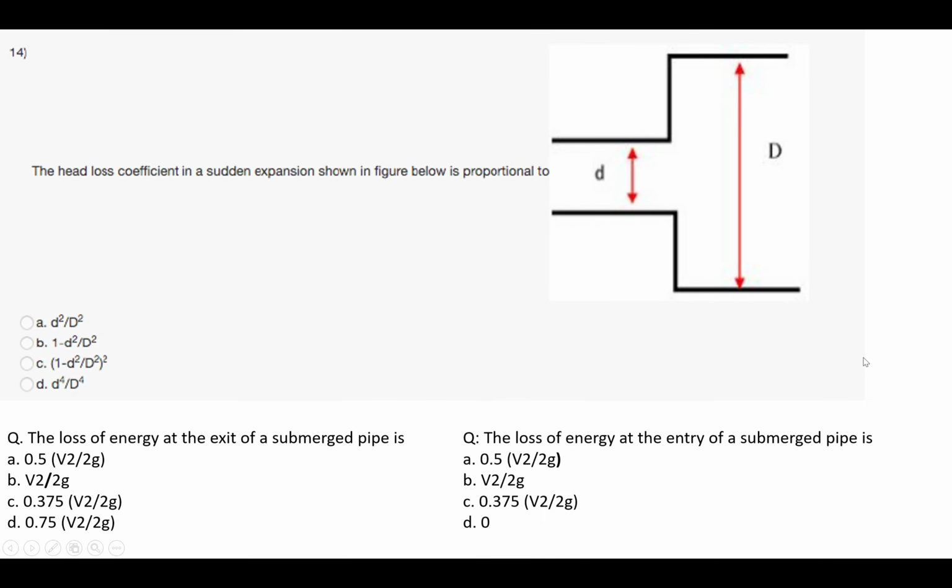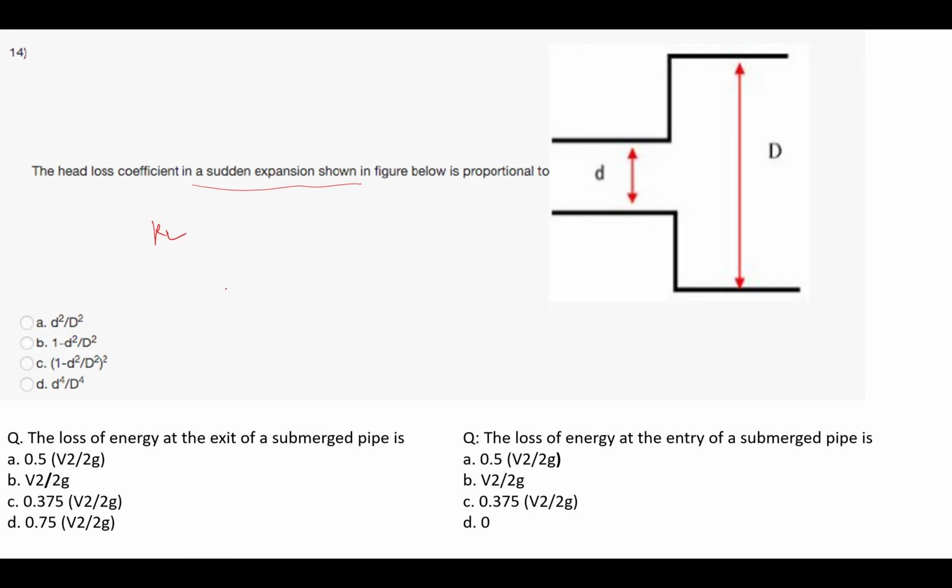Here the first question is about the head loss coefficient, that is your KL, which we discussed earlier. KL in the sudden expansion shown in the figure below is proportional to what?